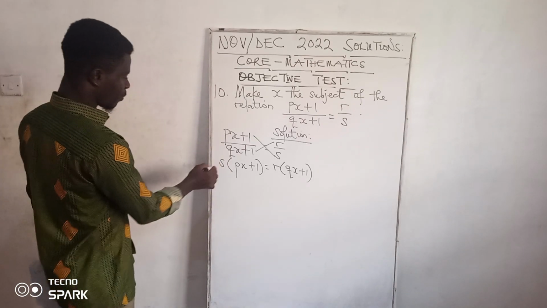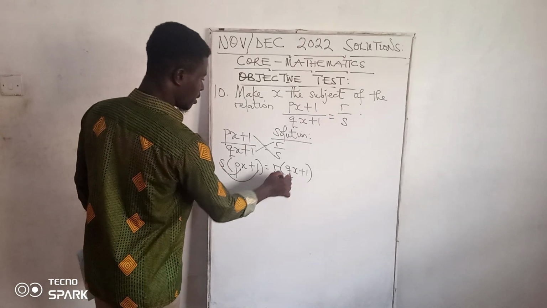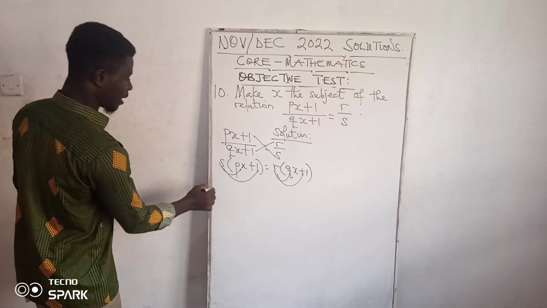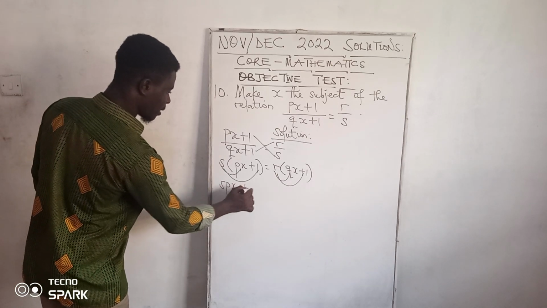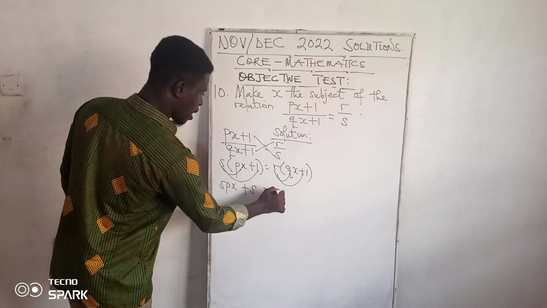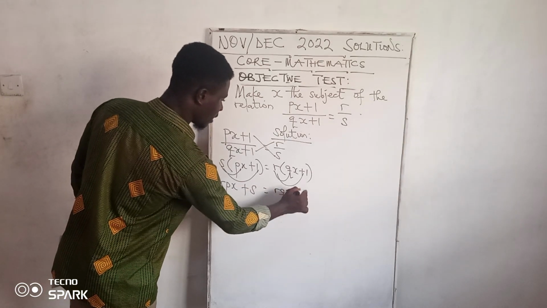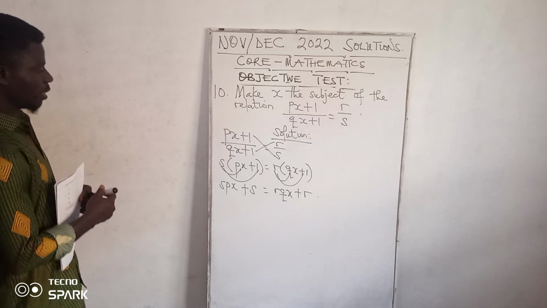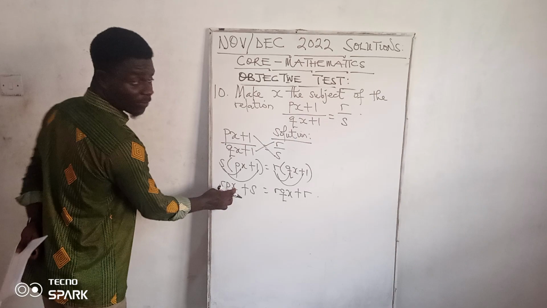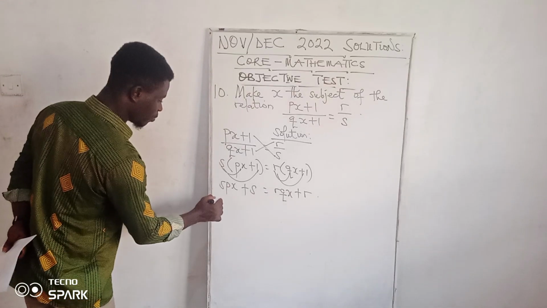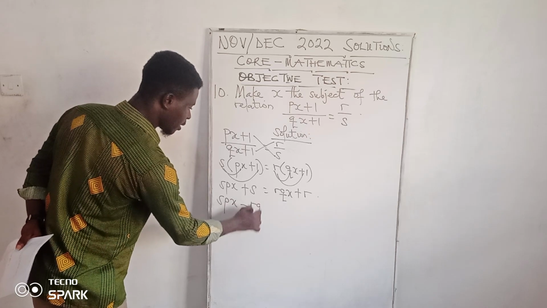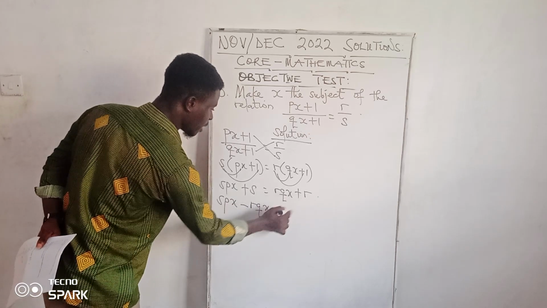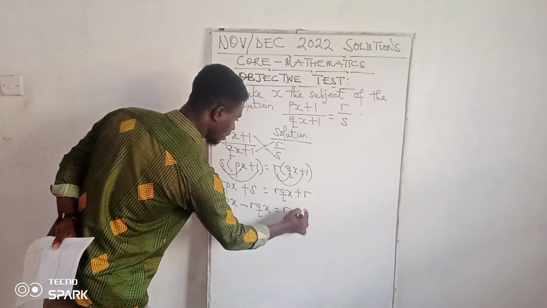Right, so now we can multiply through by S. So I have S times Px, we get SPx plus S equals RQx plus R. Right. So they said we should make X the subject. So making X the subject, here we have X, here too we have X. So we can group them. So SPx minus RQx equals, here is R, then I send minus S.